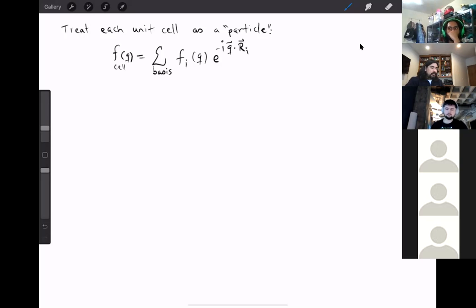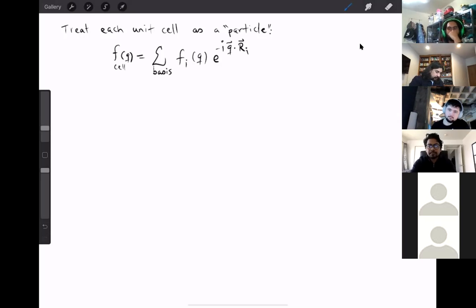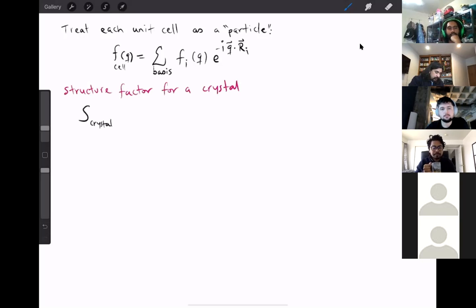All right, so now what I'm gonna do is that I'm gonna have the structure factor for a crystal, okay? And basically, this is the structure factor for the crystal, this is the symbol for a structure factor, the S. And this is over n unit cells.